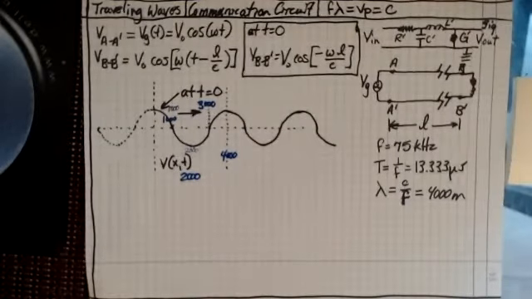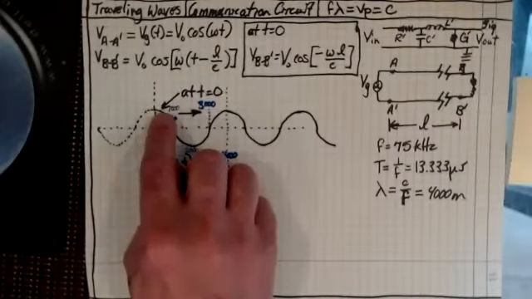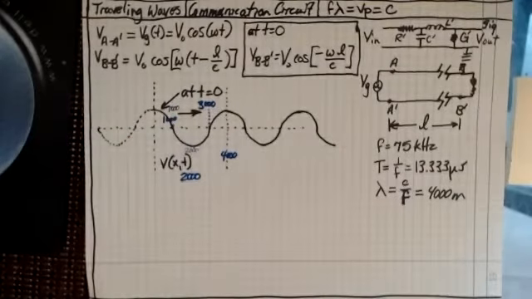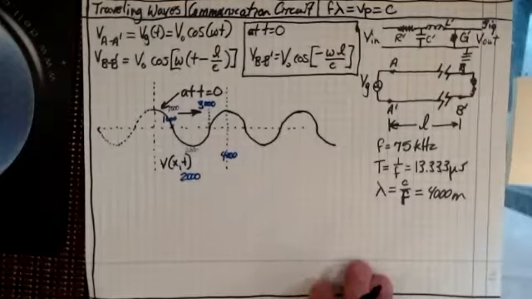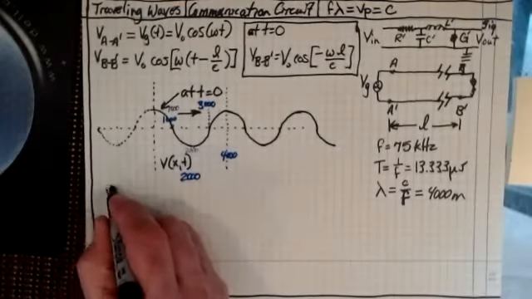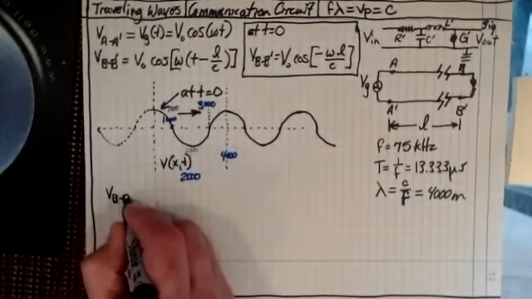Okay, and now what I'm saying is that this black line here is going to be our thing. So let's just put that into the equation and see what we would get at B. So V sub B, B prime.